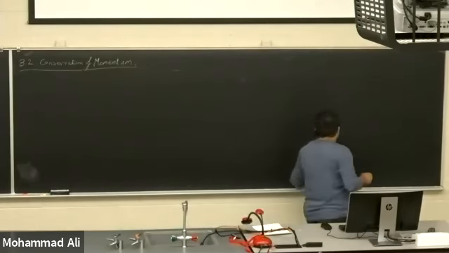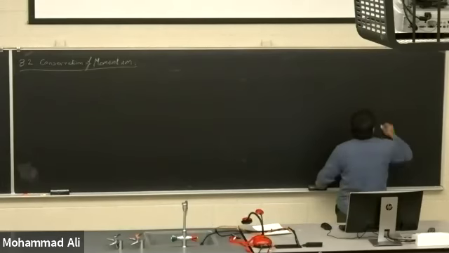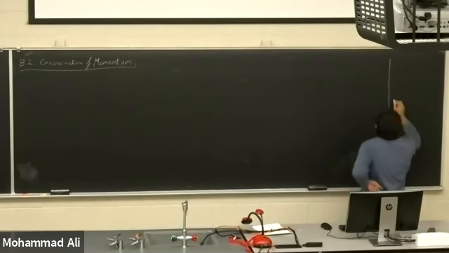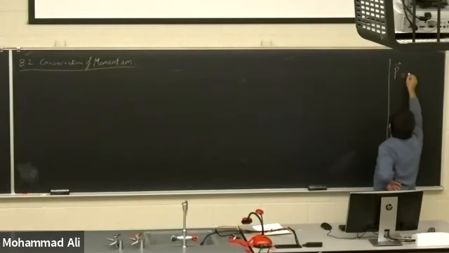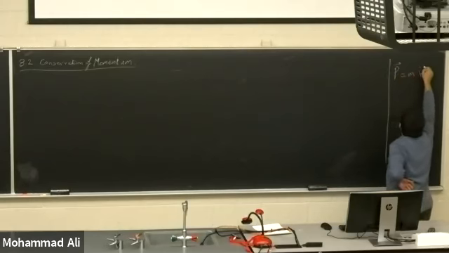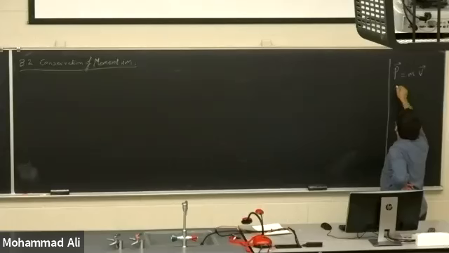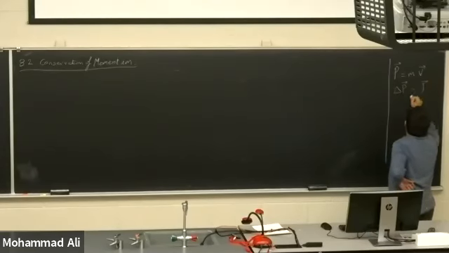Remember the formula for momentum. Momentum, which is a vector quantity, is P equals m multiplied by v. And the change in momentum is the impulse.